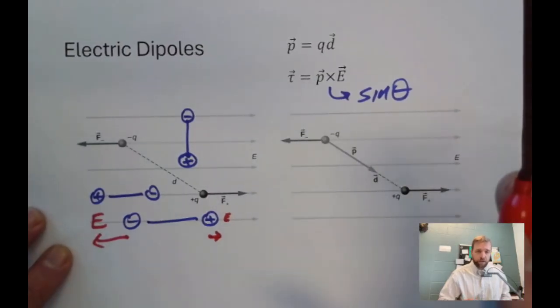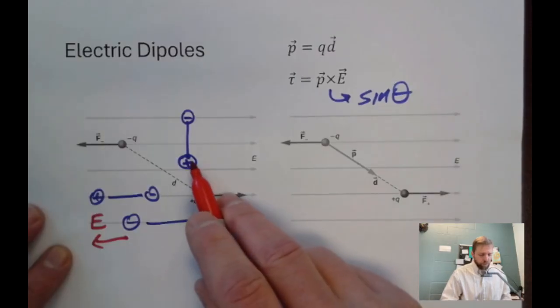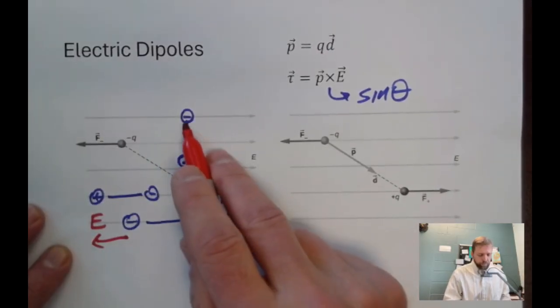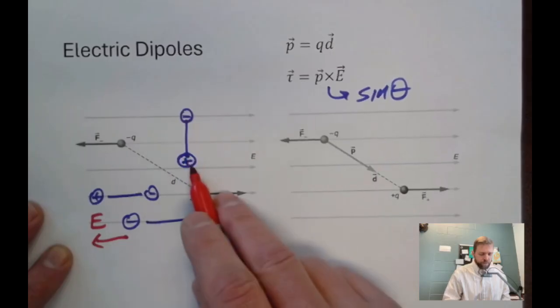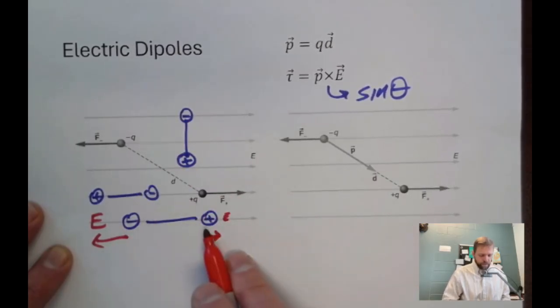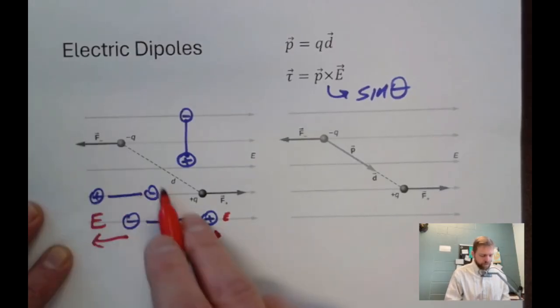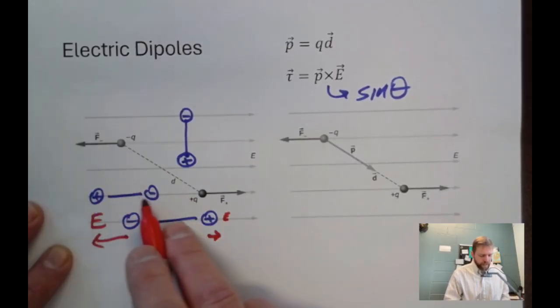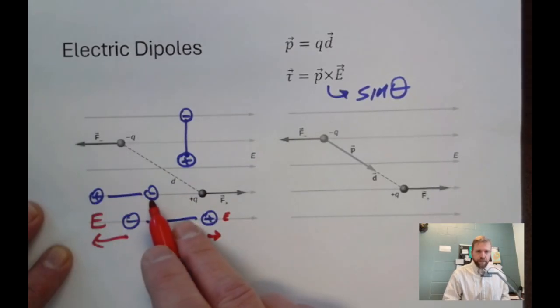So just to summarize, a dipole in an electric field experiences a torque if it is misaligned with the electric field until it is aligned with the electric field. Now, if it's exactly opposite, that's the unsteady equilibrium case.